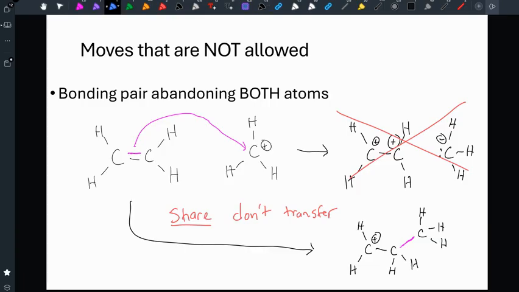So notice if I label this carbon as blue, the electrons stay with the blue atom. So the shared electrons can never leave both atoms. They have to stay with one of them. All right. So the theme is share electrons, don't transfer electrons.